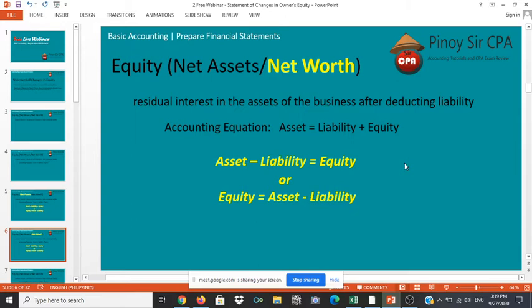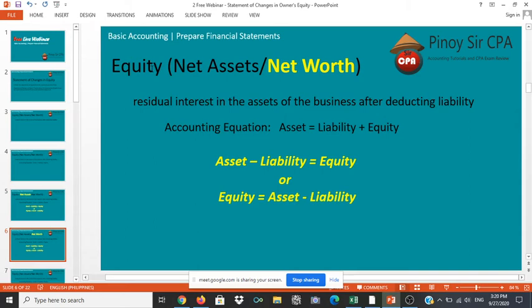Is it possible, class, that you own a business then one day someone will buy it from you? Possible po ba yun? Yes, possible. Now, if you are willing to sell your business, how much you sell it? Magkano mo siya ibebenta? At a minimum, that's correct, at a minimum price, equal dapat sa equity. Okay? Equal sa equity ng business.